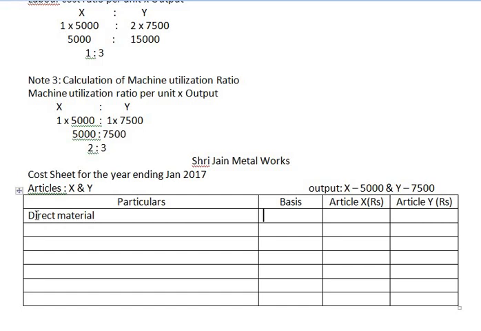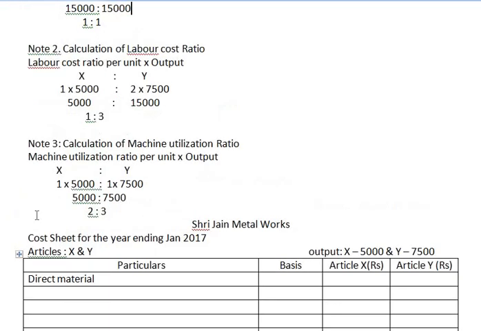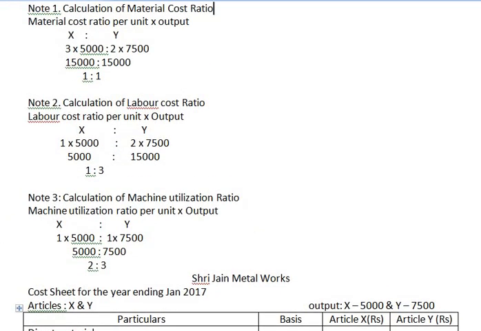Now material is relating to what type of ratio? Here we have 3 ratios: material cost ratio, labor cost ratio, and machine utilization ratio. Materials is relating to material cost ratio, which is 1 is to 1.